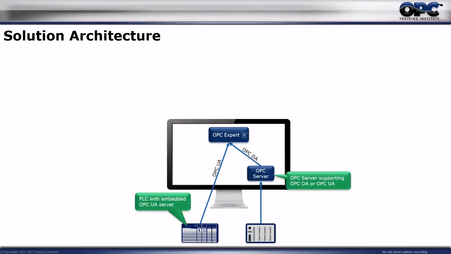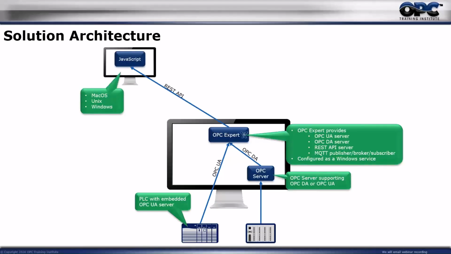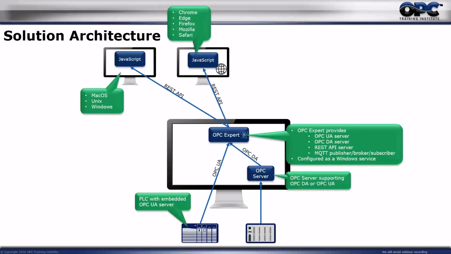Well, as we've discussed many times, what you can do is get the data out with OPC UA or DA, but in this case, we'll do it with REST API, and I'll show you the difference in just a little bit. So with REST API, we're talking about computers running any operating system, on any browser, on any hardware platform.